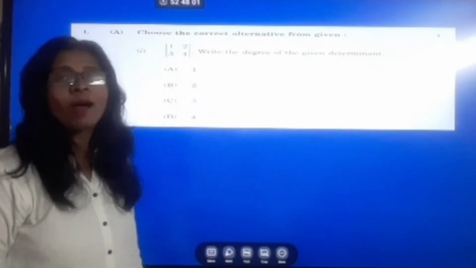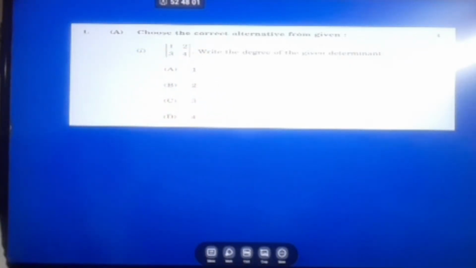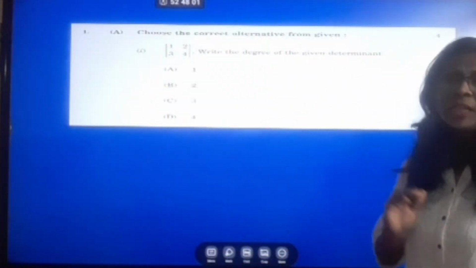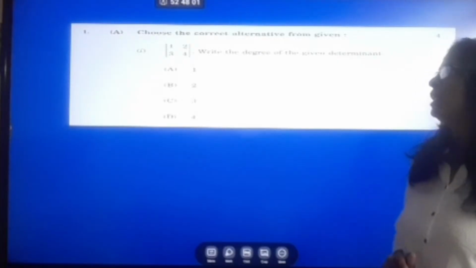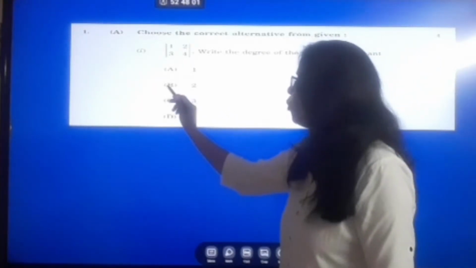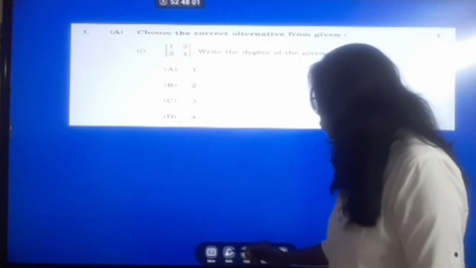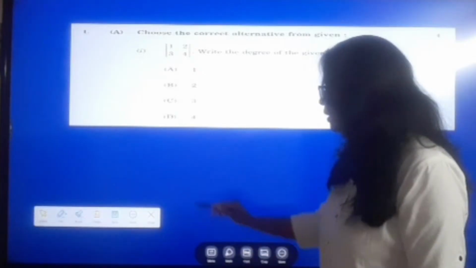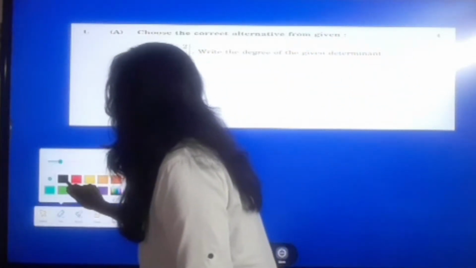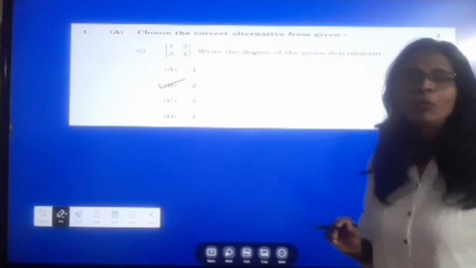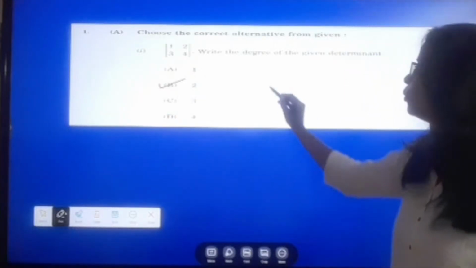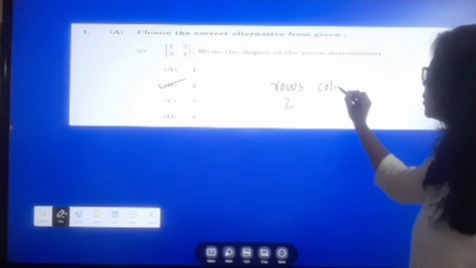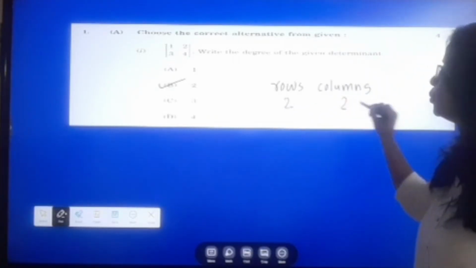Okay students, the degree of this determinant is 2, because if you observe this determinant, it has 2 rows, and the columns are also 2.